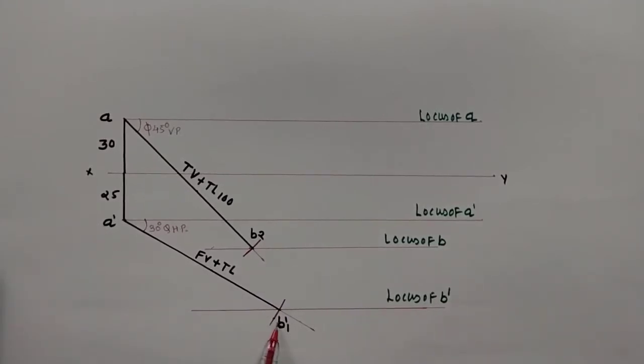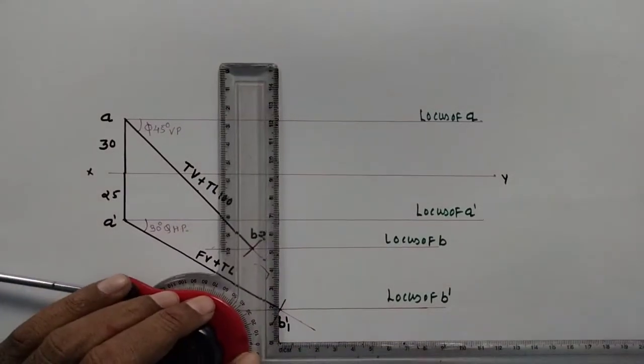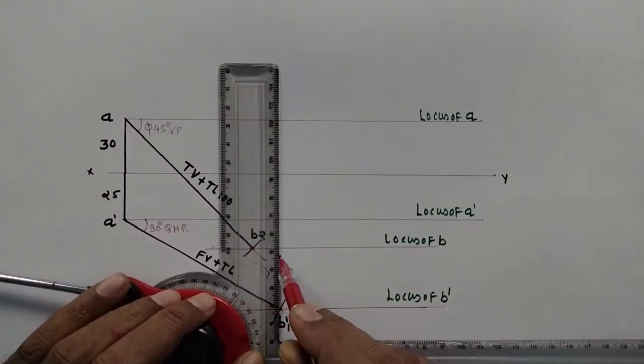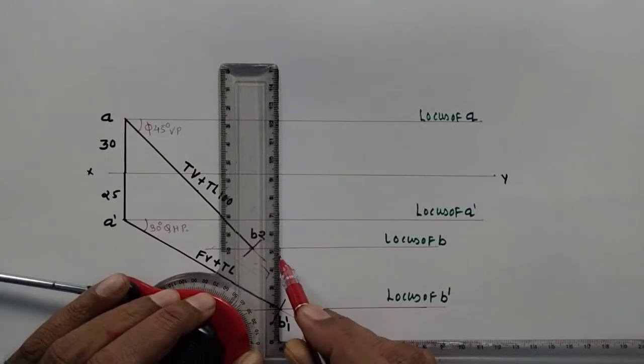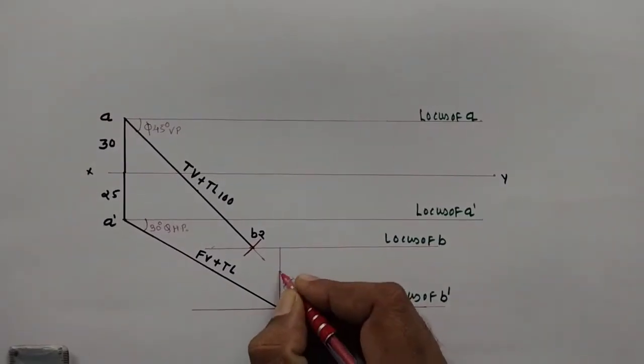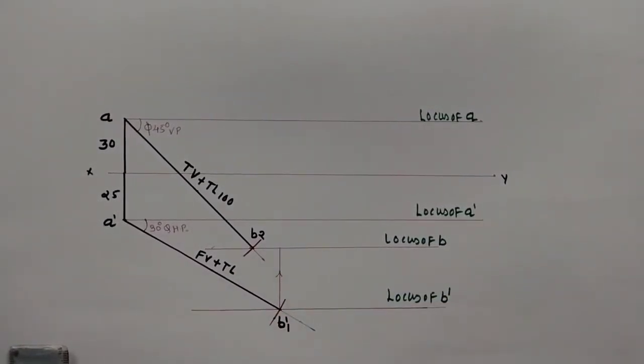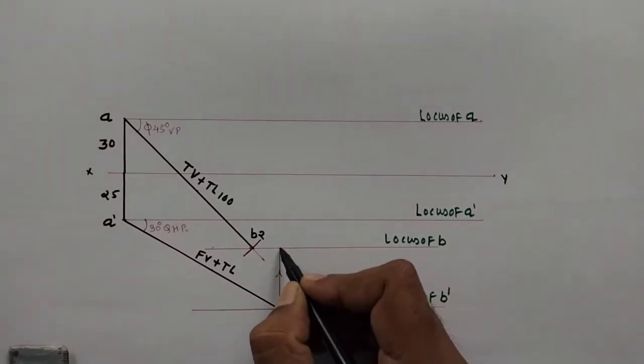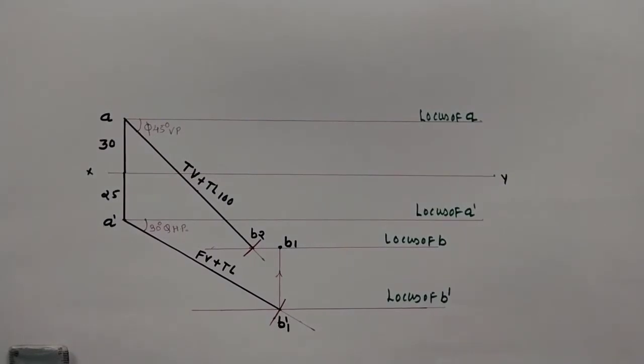This B1 dash, its plan point B1 is always on the locus of B. So first I take the vertical projection and mark the plan point B1.